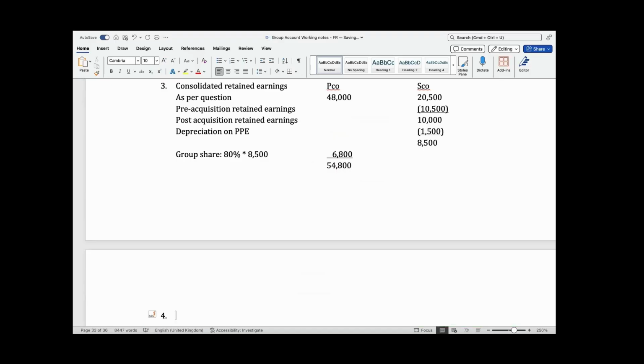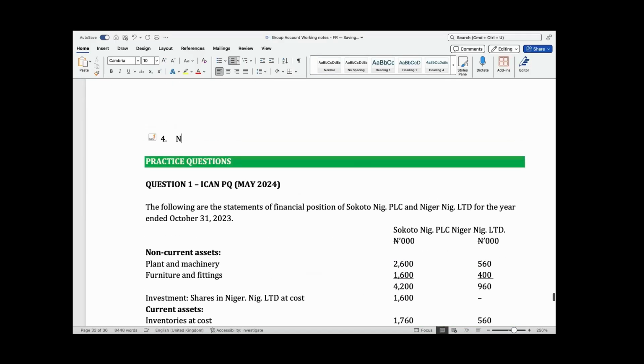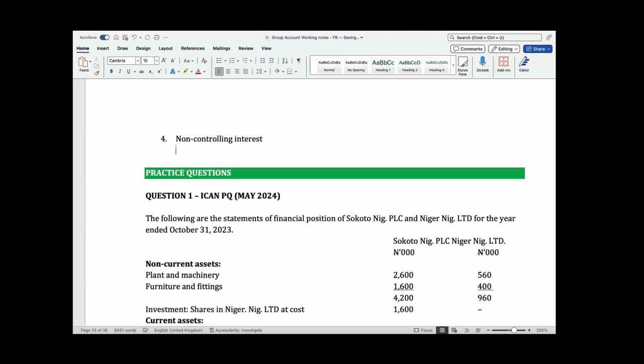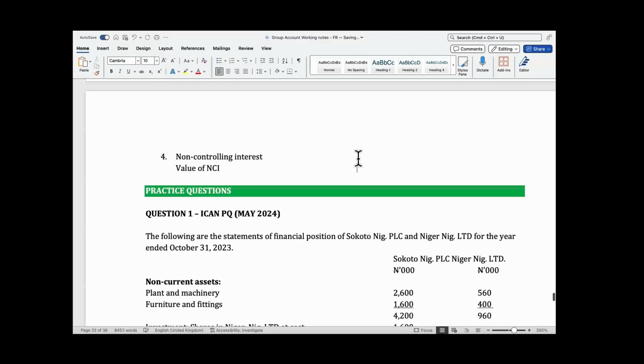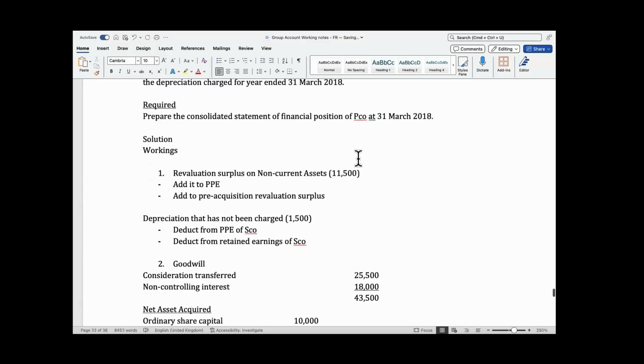Okay. So what's the value of NCI? 18,000.